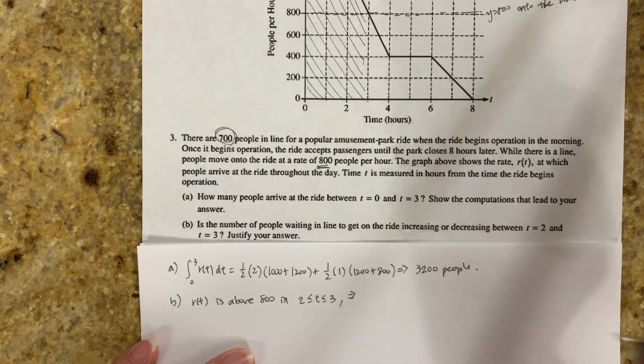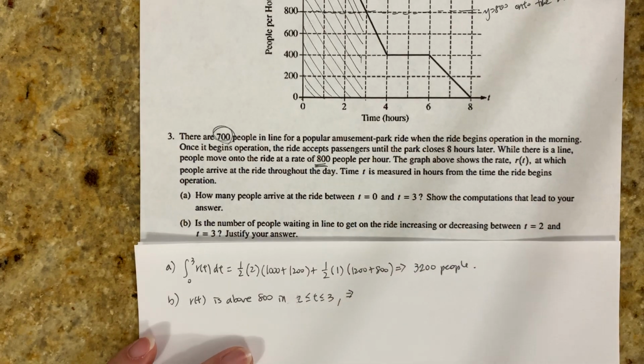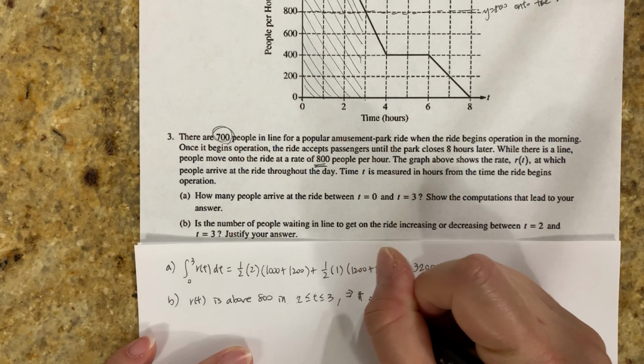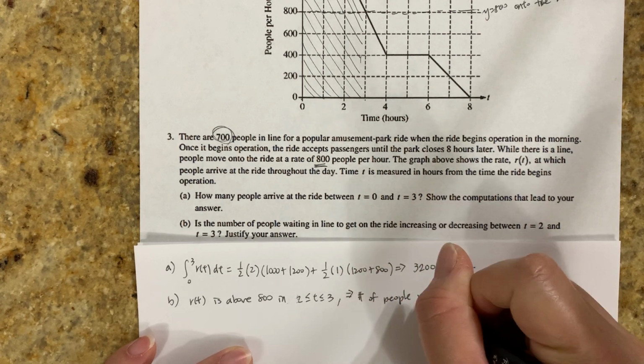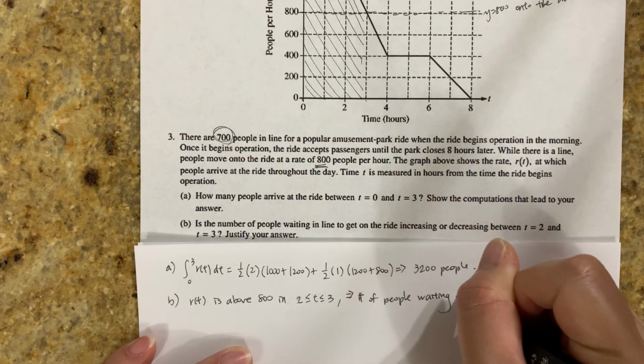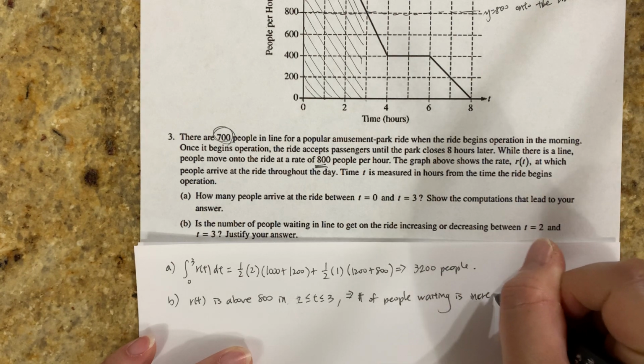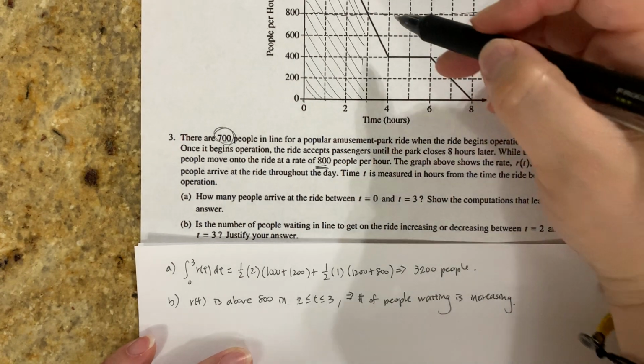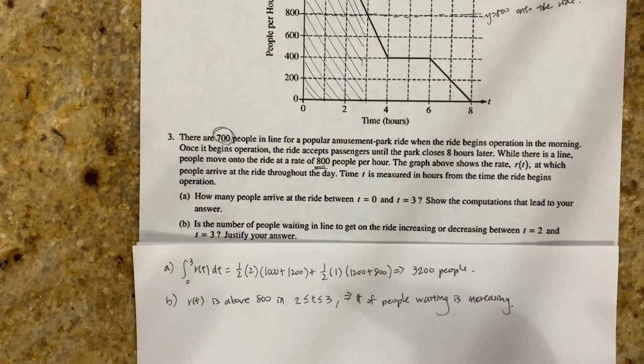So the number of people waiting is still increasing. If my rate is below 800, then the number of people is decreasing.